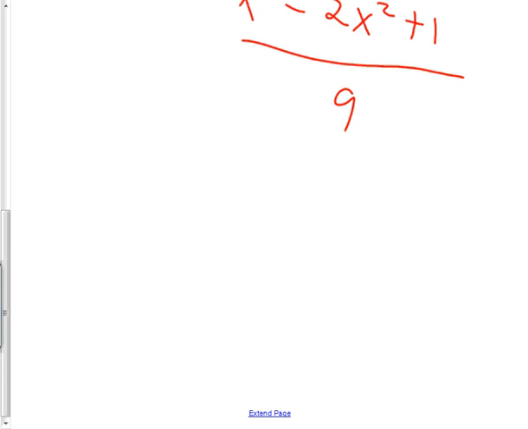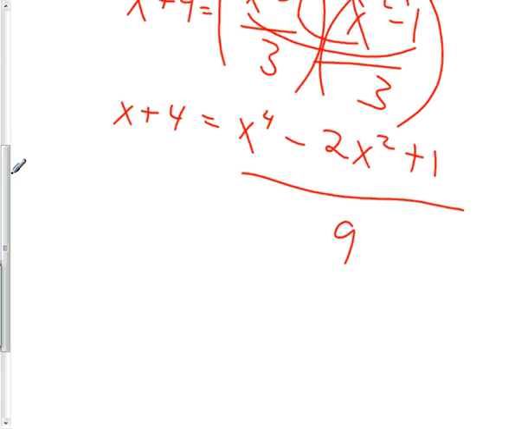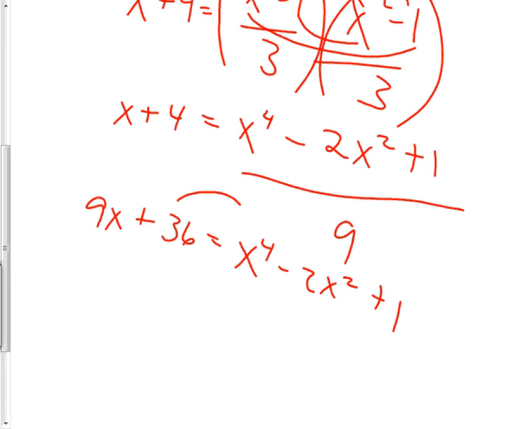Next thing we taught you is how to clear fractions. How do I get that 9 out of there? Multiply everything by 9. Everything by 9. So it's 9x plus 9 times 4 is 36 equals, the 9 would cancel here. So I'd have x to the 4th minus 2x squared plus 1. And now I'd have to get everything over to one side. I'm going to bring this stuff over to that other side. I'm going to say 0 equals x to the 4th minus 2x squared minus 9x plus 36.